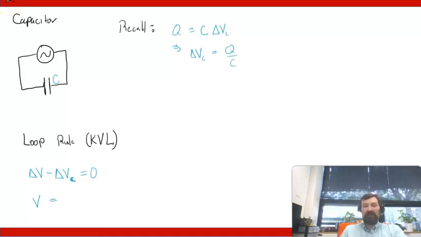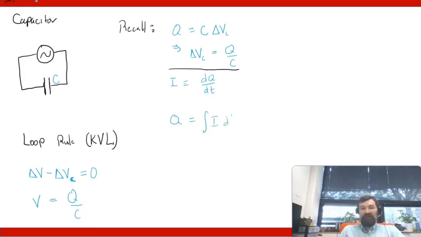So we could write here that V is equal to Q over C. We also might recall that current is defined as the rate of change of charge, so dQ/dt. What this essentially means is that we can write that Q is equal to the integral of I dt.